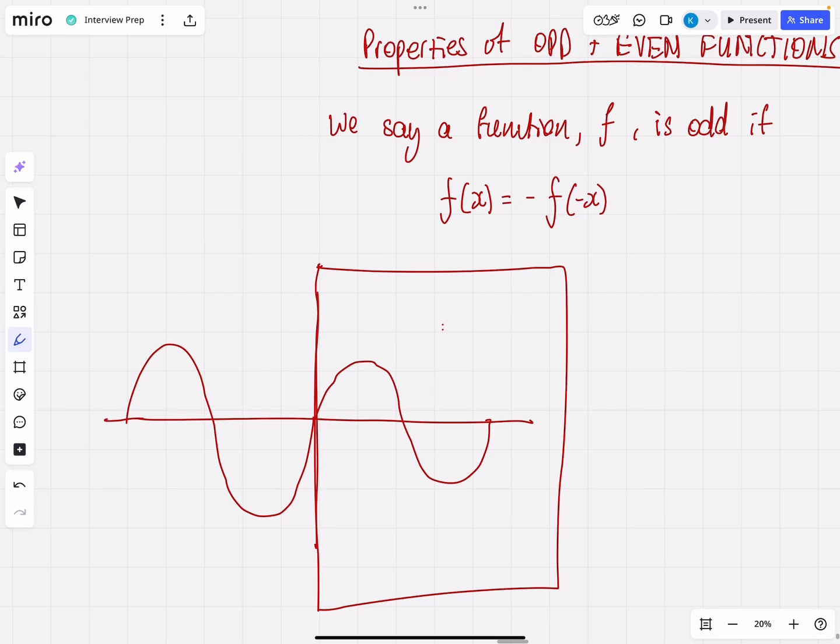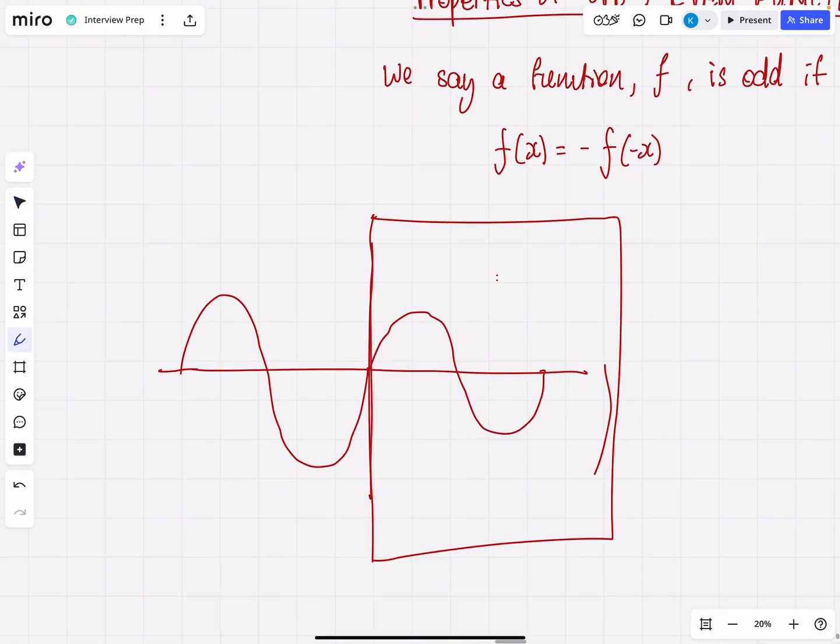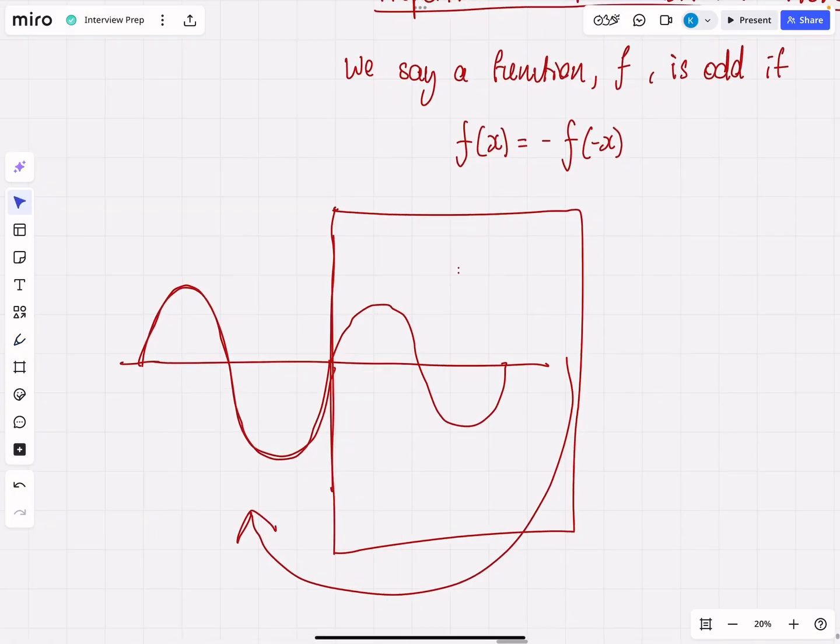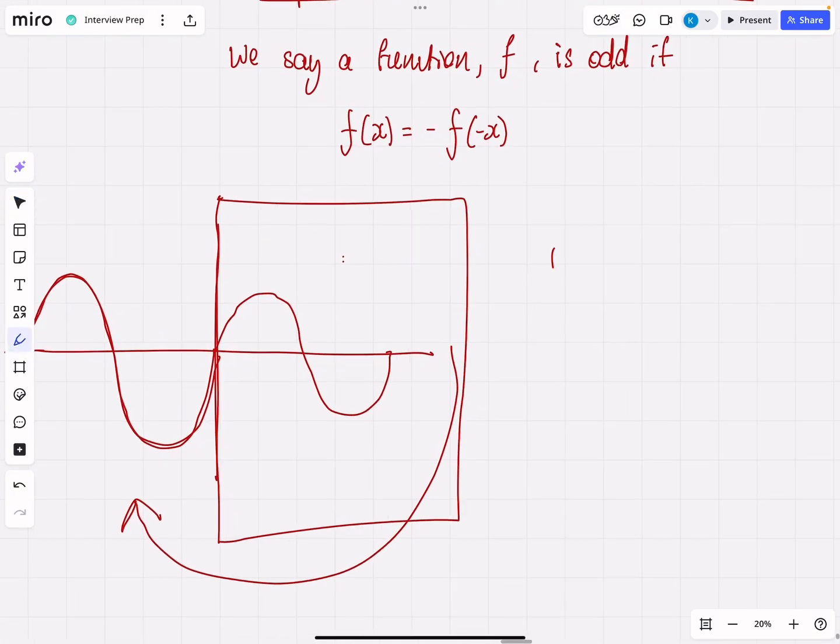Essentially, if you imagine this part of the graph being rotated 180 degrees about the origin, it would look exactly like the left-hand side of the graph. Or in other words, if f of x equals minus f of minus x, that means minus f of x equals f of minus x.